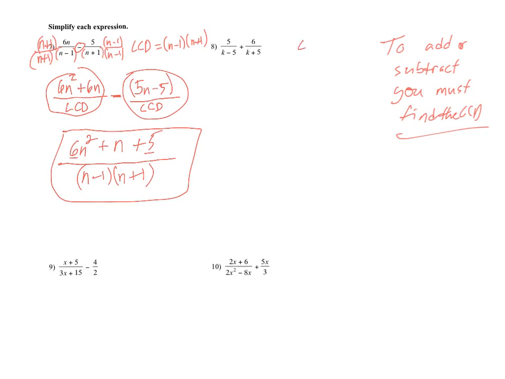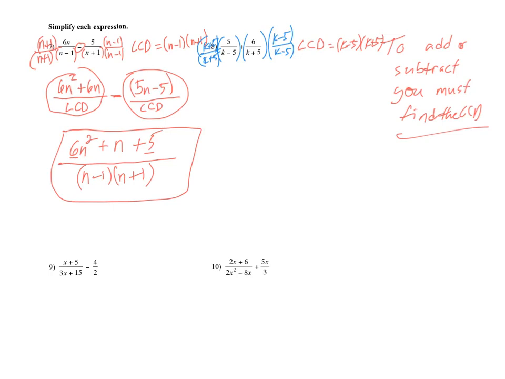Okay, problem number 8. Again, the LCD is going to be equal to k minus 5 times k plus 5. So we're going to multiply this one by k plus 5 over k plus 5, and this one by k minus 5 over k minus 5.